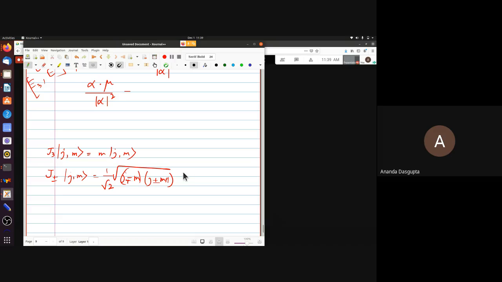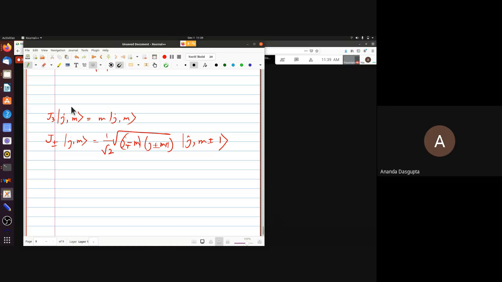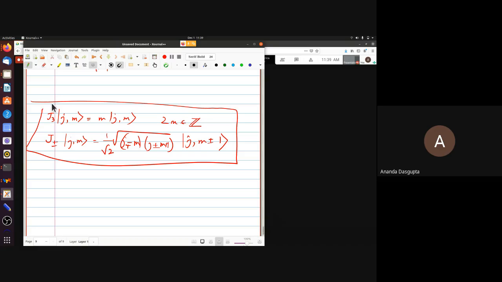was the 1 by root 2, simply because of the definition that we have changed, and so on. And M, or twice M, belongs to integers. In deriving all of this, did we need to use a specific form of J3, J plus, J minus?